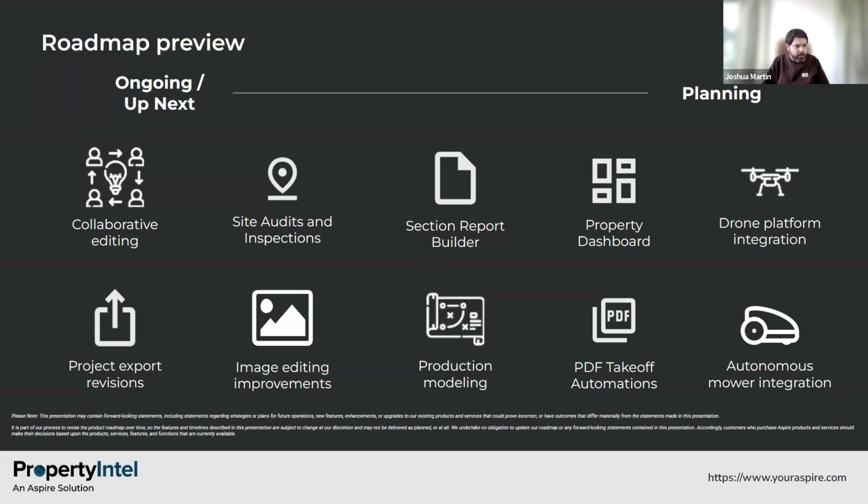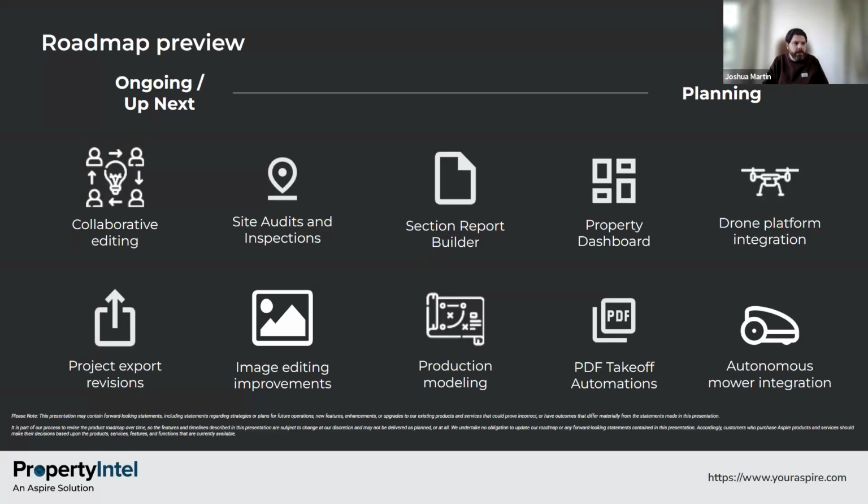And then some of the things that you see there looking out later, really more towards middle and late next year, with our section report builder and PDF takeoff automations. We've previewed a little bit of that with ProMaps, with how we're able to do some of those automations with aerial views and ProMap functionality.